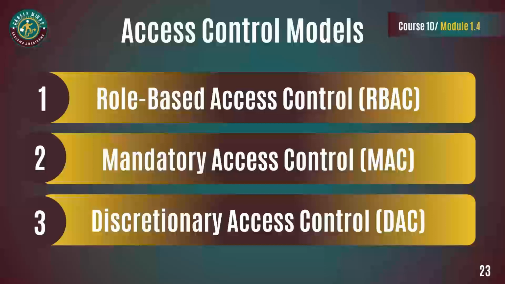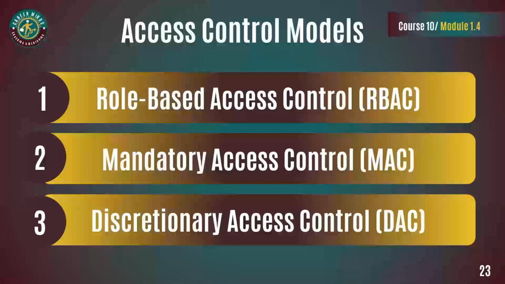For example, a cashier in a retail store can access the sales terminal, but they cannot view employee payroll. An IT support analyst can reset passwords, but they shouldn't access private HR files. Roles are predefined, and access rights are granted to those roles, not directly to individuals. Think of it like a movie theater. Your ticket determines which room and seat you get into.